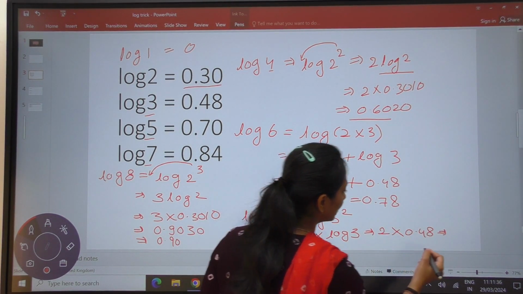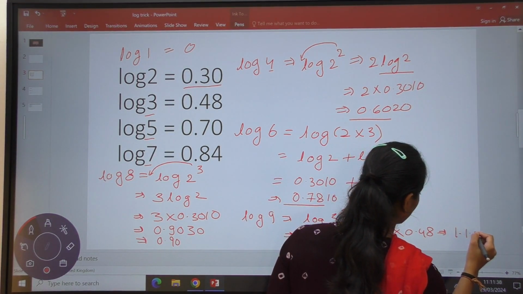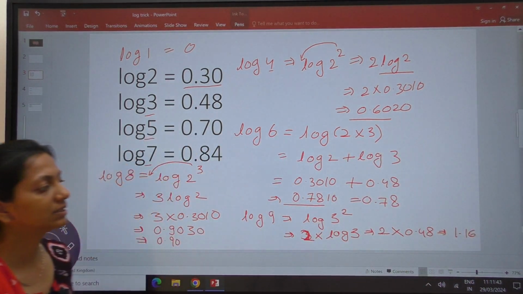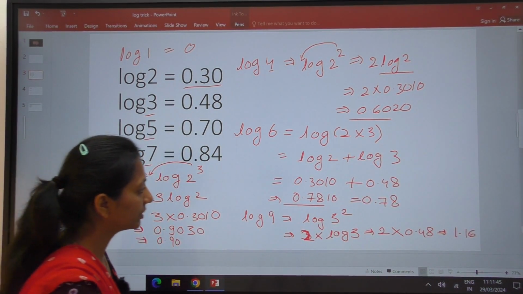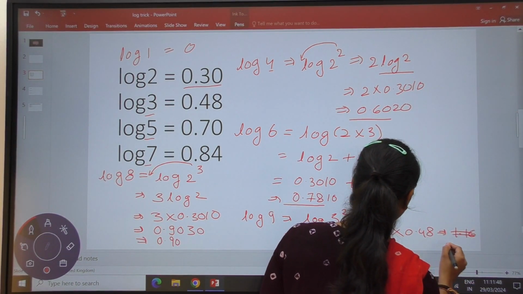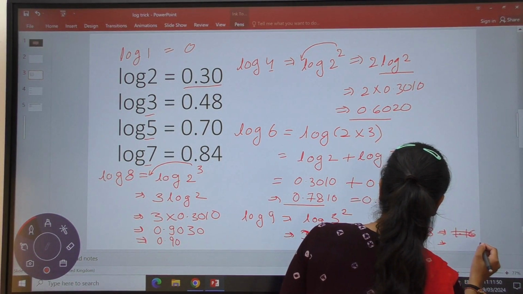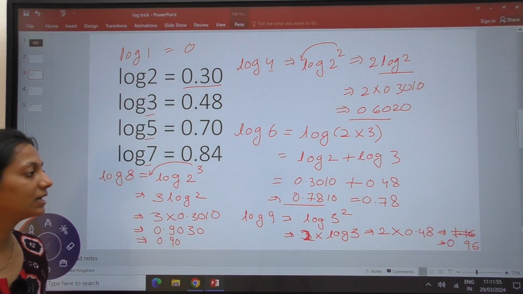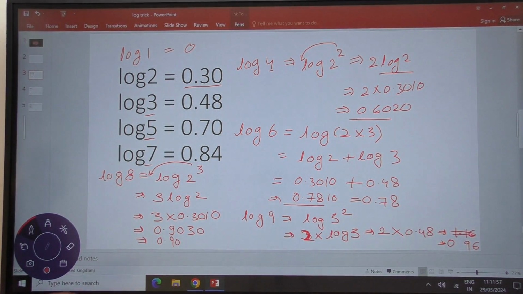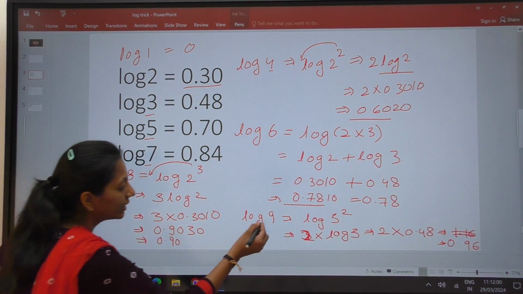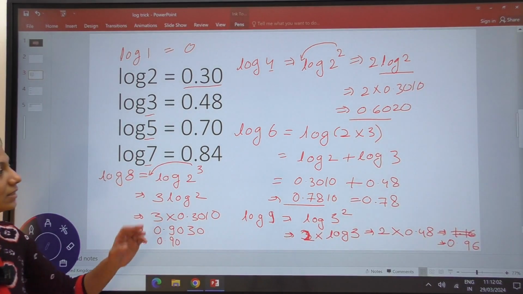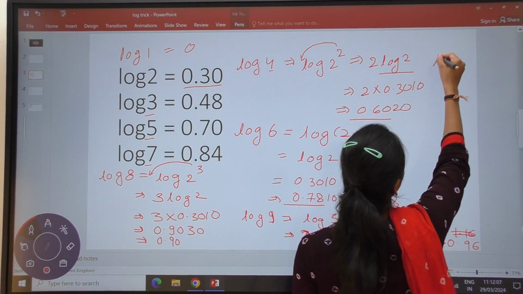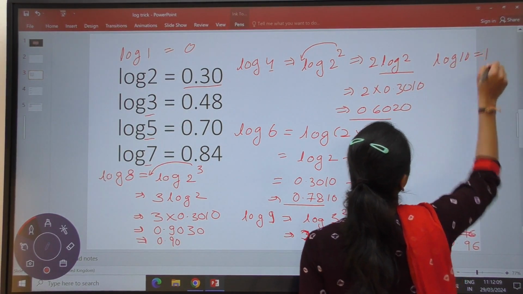On multiplication, we will get the value 0.96. So this is the value of your log 9. Like this, we can easily find the values of the logs of numbers from 1 to 10. After 9 we have the value of log 10, which is equal to 1.